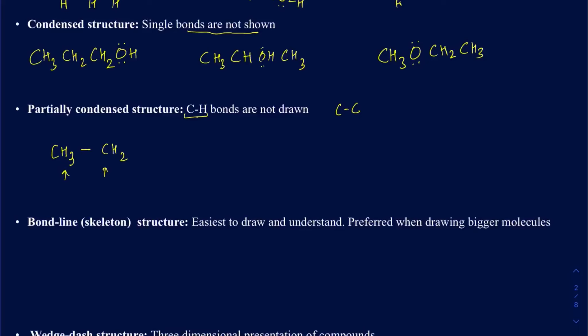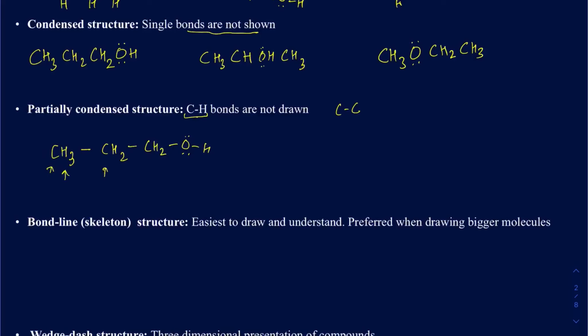It's the first carbon and the second carbon that's making the bond. The hydrogens are just written out showing that those hydrogens belong to the first carbon. Then you got CH2, and then another CH2 here, and then an OH group here. So that's going to be a partially condensed form.